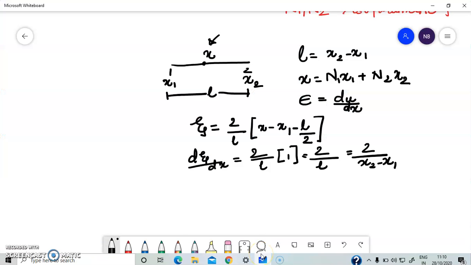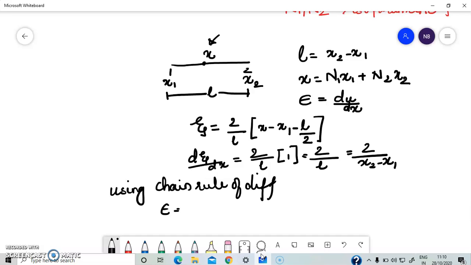Using the chain rule of differentiation, epsilon can be given as du by d zeta into d zeta upon dx.